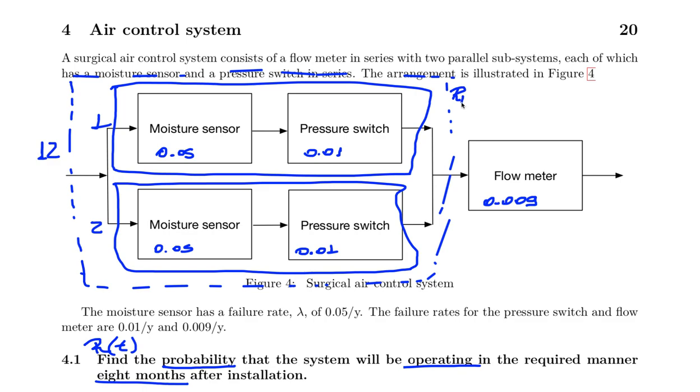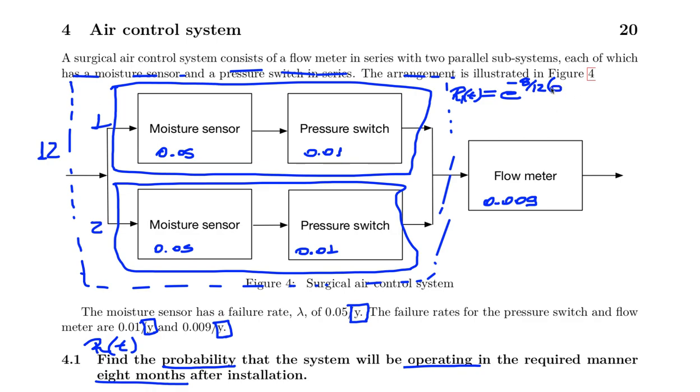So the reliability of subsystem 1, now its time will be equal to exponential of minus t, where t is 8 months, so 8 months over 12, because to make it year, I have my failure rate on year, so I have 8 months out of 12 times the lambda of the moisture sensor, the failure rate of the moisture sensor, plus the failure rate or lambda of the pressure switch.